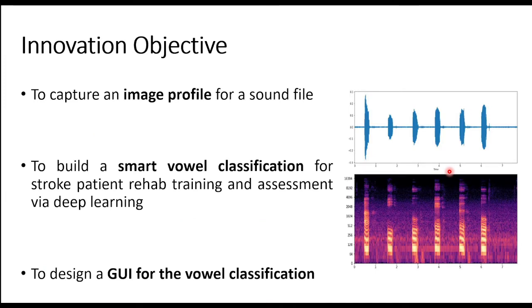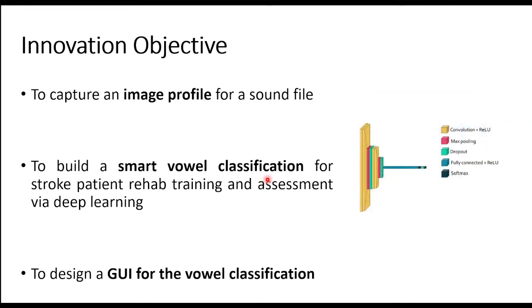For that particular problem, we come up with the innovation objectives. First, we try to convert our sound, as shown on the top, to a visible image profile for each particular recorded sound. This is the recorded one, and this is the one that we transformed from the sound wave to the image file.